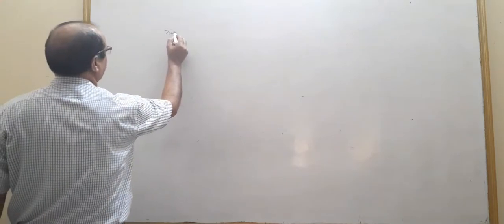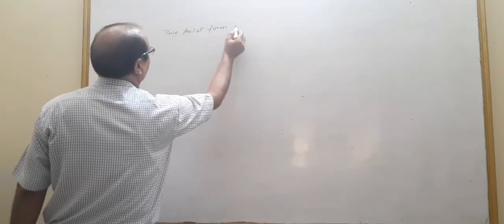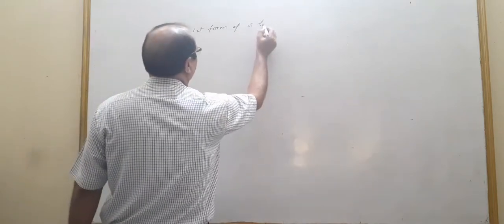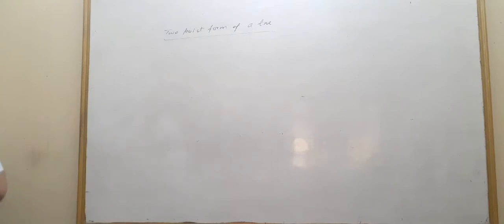Now in the different forms we have another, that is the two-point form of a line. In two-point form, we find the equation of a line which is passing through 2 points, that is called the two-point form of a line.